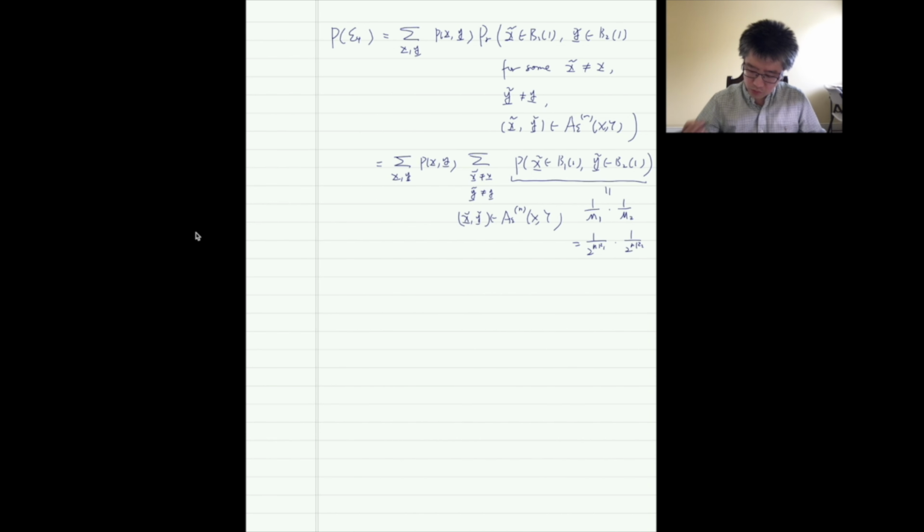Okay, so using a similar approach, we can show that this is less than or equal to p(x,y) multiplied by the cardinality of the jointly epsilon typical set, and then times 2 to the negative n(R1 plus R2).